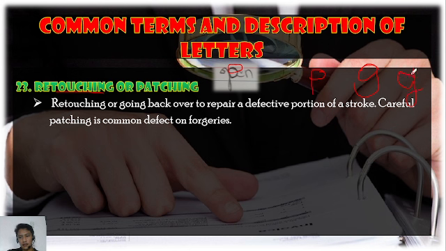Ang ginawa niya is binalikan, inayos-ayos niya. Okay, that is a form of retouching. Okay, that is commonly showing thickening of the strokes. Maybe just like in here. Okay, naging mas makapal kaysa dun sa ibang strokes. That is retouching or patching po na sinasabi nila.